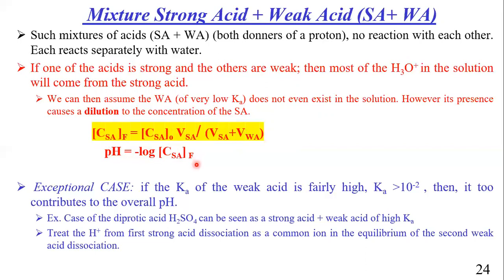There is an exceptional case, and actually the only case is really H2SO4, where the Ka of the second acid is fairly high, something like 10 to the minus 2. That is when I have to consider both the strong and the weak acid in my calculation of H3O+ in solution.